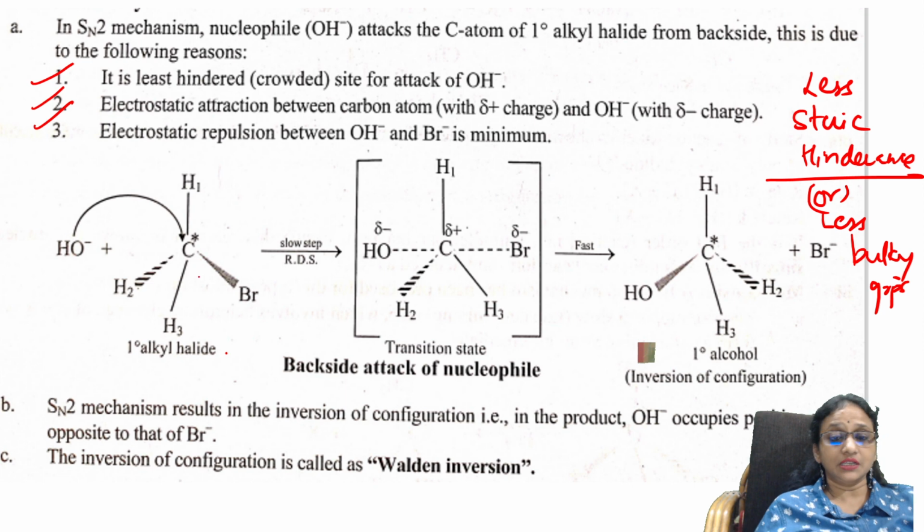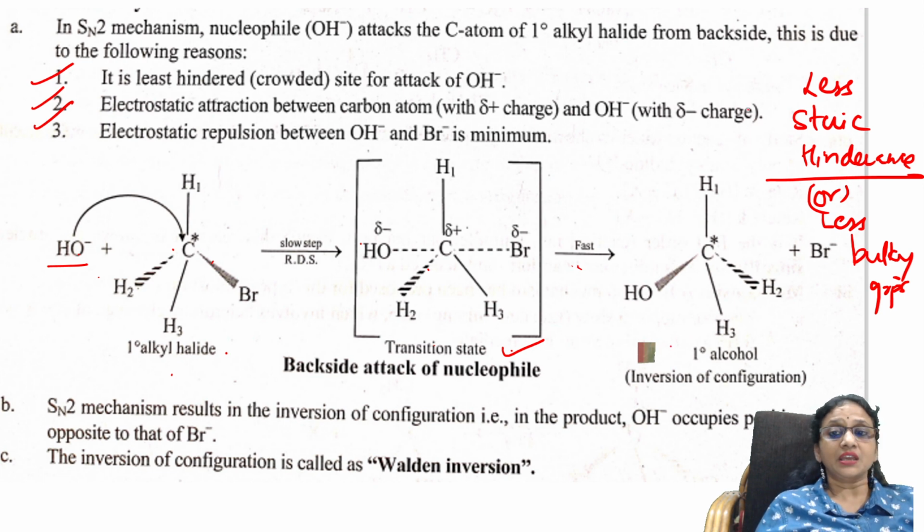Now see here. The nucleophile will attack from the backside. You will be getting a transition state. The attack of the nucleophile is on the primary halide, the less bulky group, from the back. After the transition state, the fastest step is inversion of configuration.